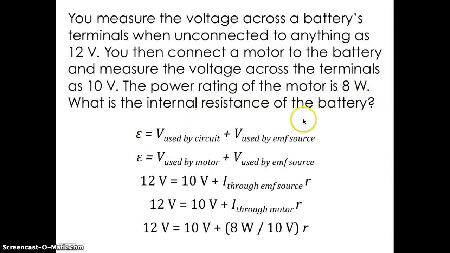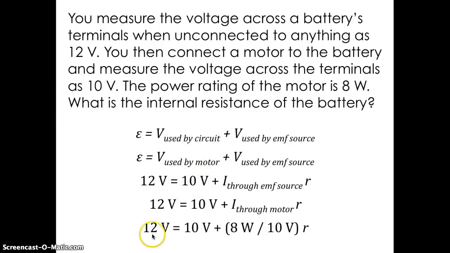Well, we're going to use this equation. The EMF is equal to the total voltage used, which is the voltage used by the rest of the circuit plus the voltage used by the EMF source. And of course, the rest of the circuit is composed of just the motor. So this we could rewrite as the voltage used by the motor, since there's no other component connected to this circuit.